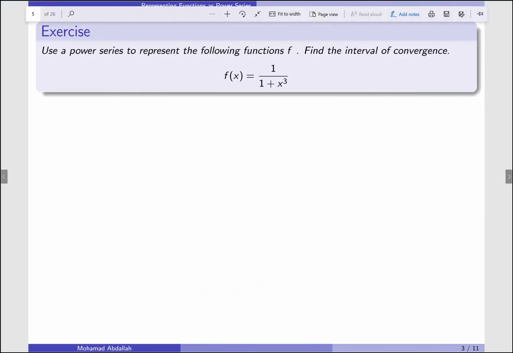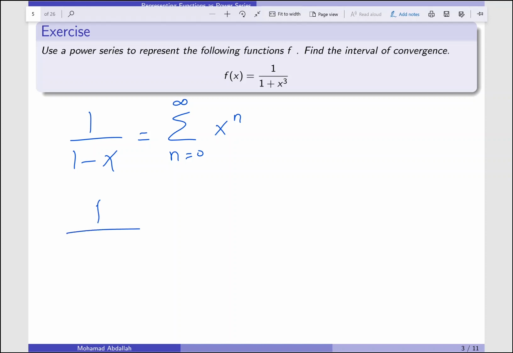Let's try to do the same for the following function. f of x equals 1 over 1 plus x cubed. I would like to write this as a power series. So first, I need to relate this to the following sum: 1 over 1 minus x, the one that we just saw, equals the sum from n equals 0 to infinity of x to the power n. Now my function doesn't look exactly like this, but I can make it look like that.